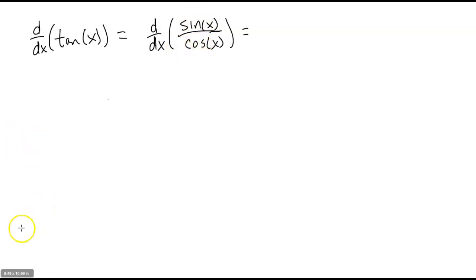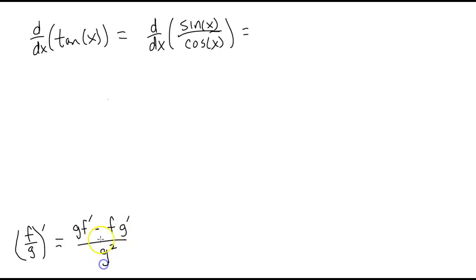And if you remember, in general, if I take the derivative of the quotient of two functions, remember that it is low d high minus high d low over low squared. And so we are going to use that here to figure out that the derivative of tangent is going to be secant squared. So the low function is cosine, the high function is sine.